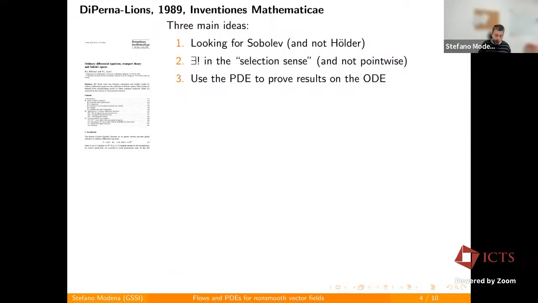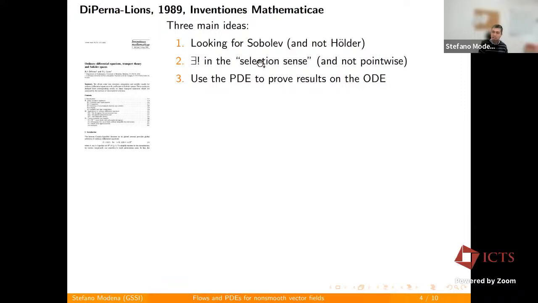Okay. So in this paper of DiPerna-Lions, they treated both the PDE part, so the continuity and transport equation associated to Sobolev vector fields, and the ODE part associated to Sobolev vector fields. Let's start with the ODE part, and let me tell you finally what this selection sense means.